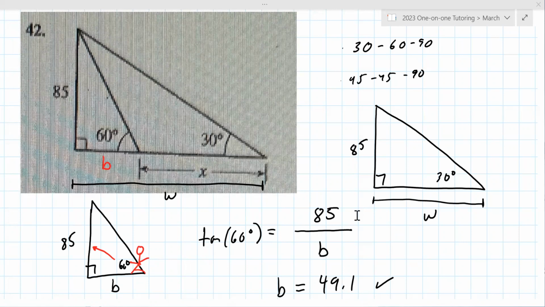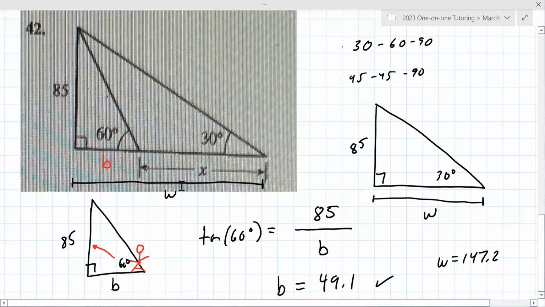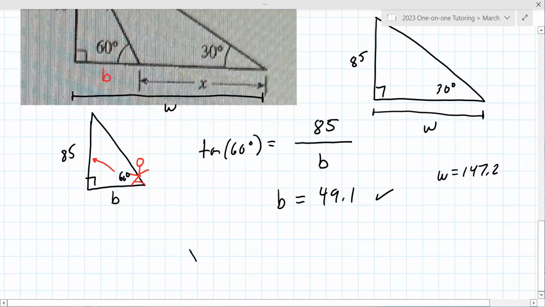147.2. Yes, yeah. So W is 147.2, doing the same approach. Now we're interested in X. The whole bottom here is 147.2. We know B. To find X, you subtract 49.1 from 147.2. So X, I mean, a couple ways to do it.